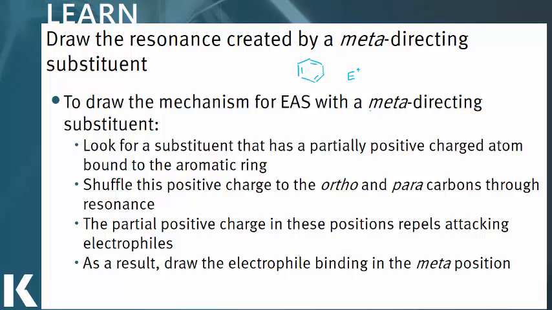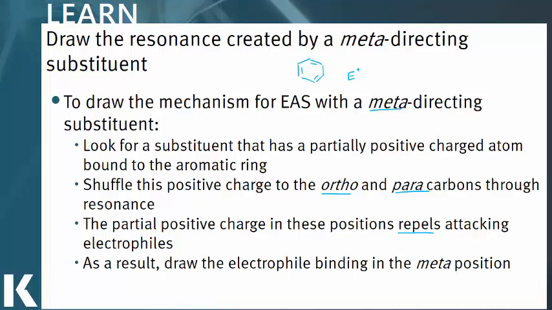Now, meta-directors, because of that positive charge or partial positive charge on the atom bound to our aromatic ring, can actually resonate with the ring. It can put that positive charge onto the ortho and para carbons. That partial positive charge that we add to the ortho and para positions will actually repel the electrophile.